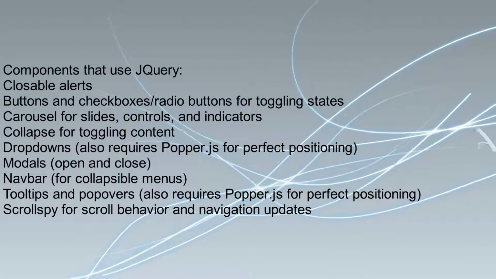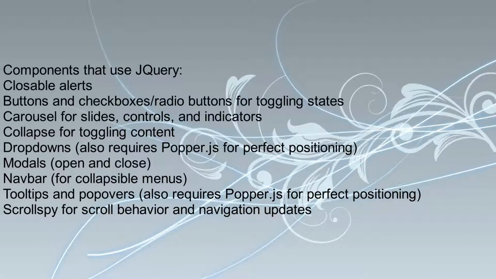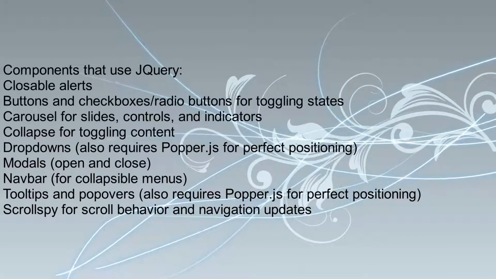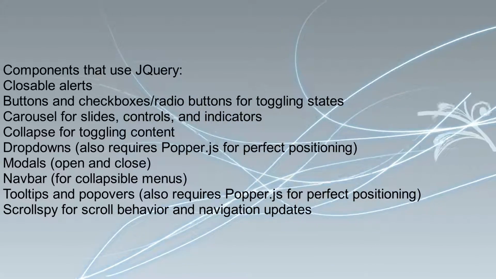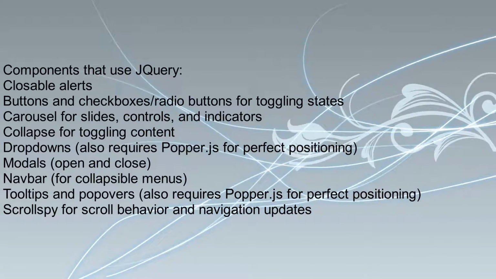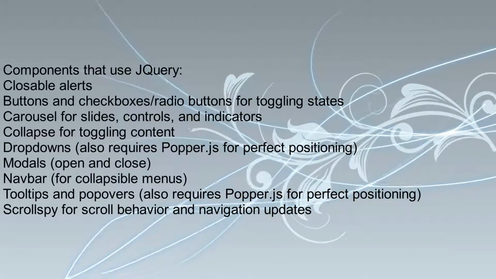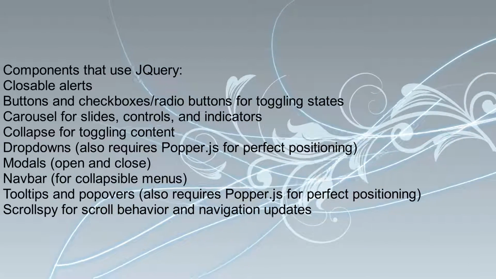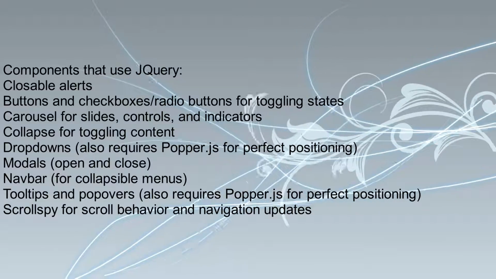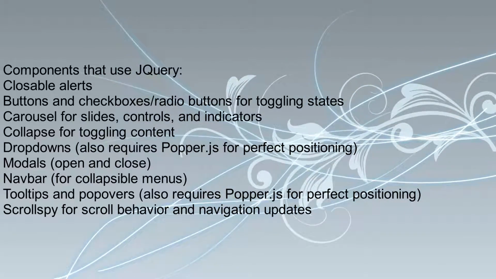Some of the components that jQuery is used for are things like the closable alerts, buttons, checkboxes, radio buttons, carousels, controls and the indicators, toggling, drop downs, modals to open and close, your nav bars for the collapsible menus, tooltips, popovers, and Scroll Spy for scroll behavior and navigation updates.